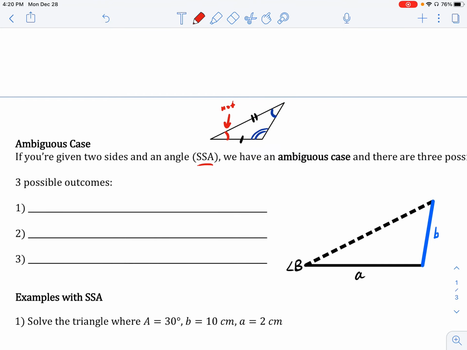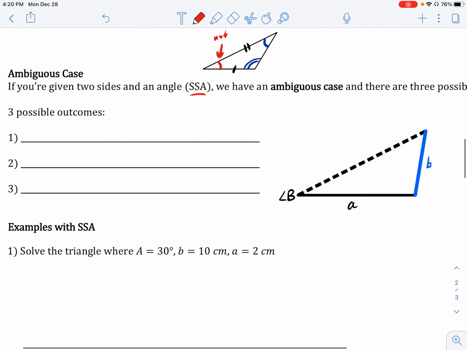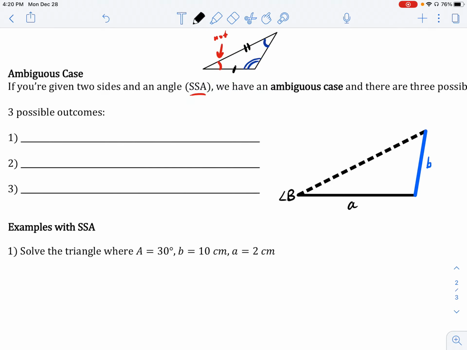And an SSA case is always ambiguous because there are three distinct possibilities or three outcomes that we may have given the lengths of the two sides and the measurement of the angle. And what we could have is the following three outcomes. We could have no possible triangle existing, meaning it's impossible for us to form a triangle from the two sides and the angle that are given to us.